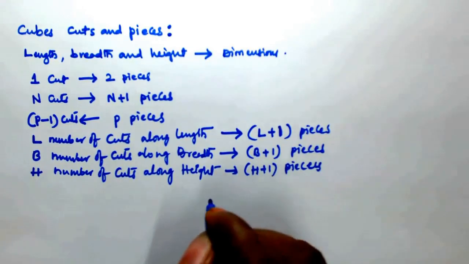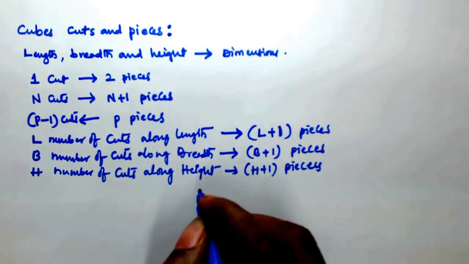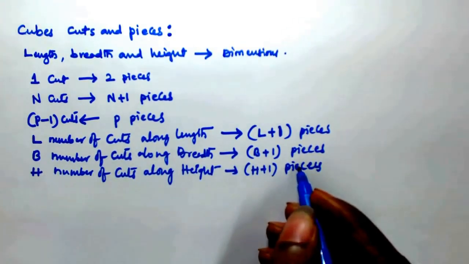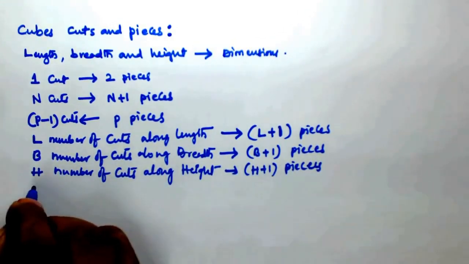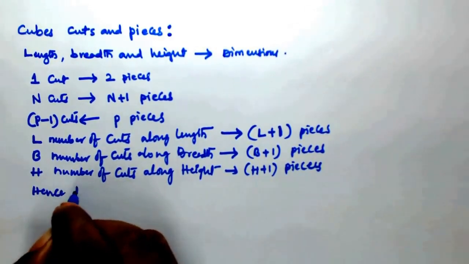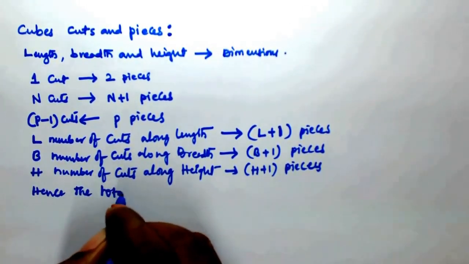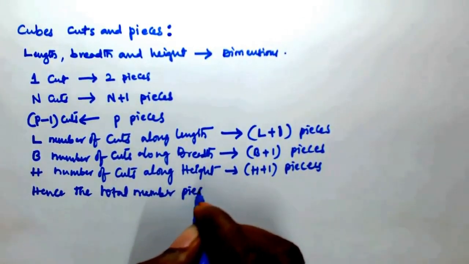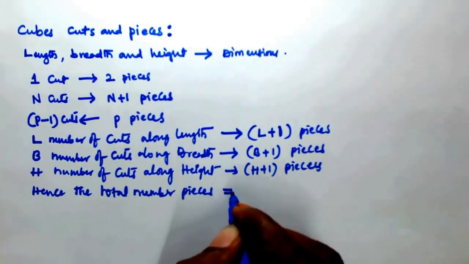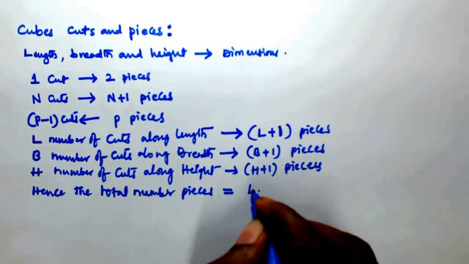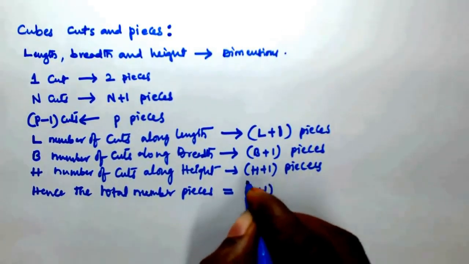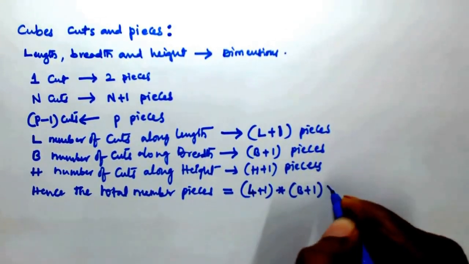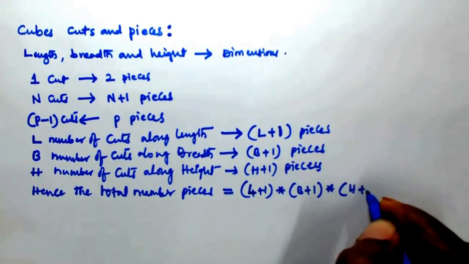Hence the total number of pieces is going to be equal to L plus 1 into B plus 1 into H plus 1.